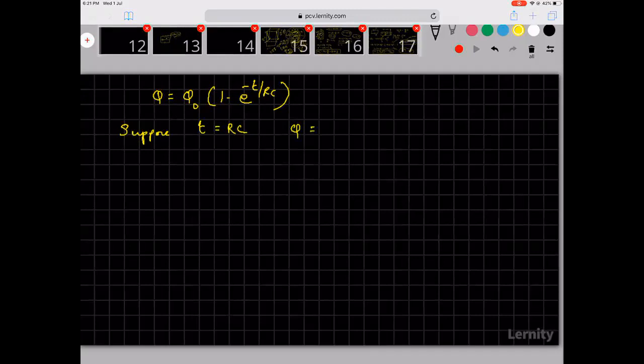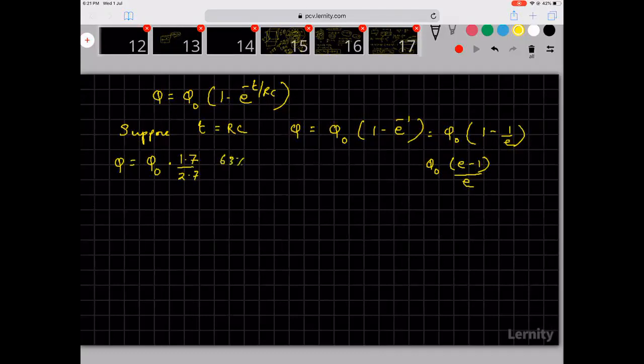We will get Q is equal to Q0 into 1 minus e power minus 1. We will get Q0 into 1 minus 1 by e. That means you will get Q0 into (e minus 1) by e. E is something like 2.7. So you will get Q is equal to Q0 into 1.7 by 2.7. When you work it out, it works out to be some 63% or something.